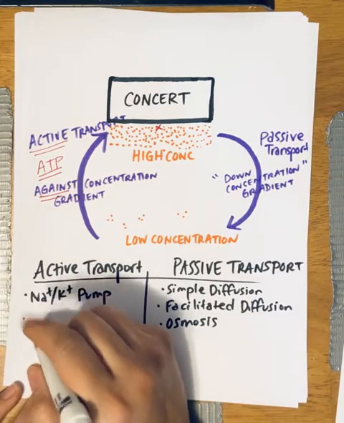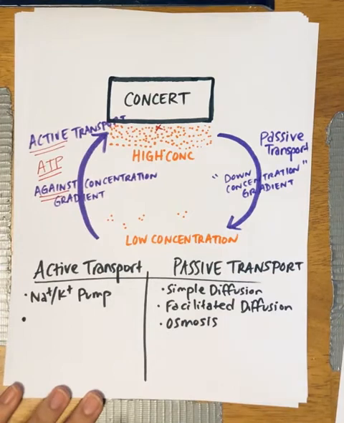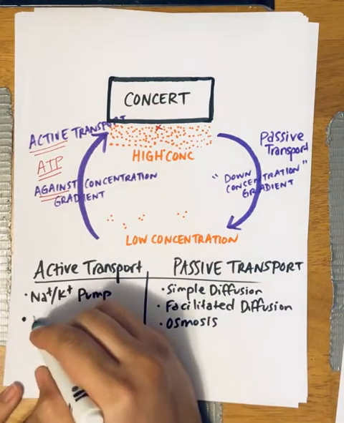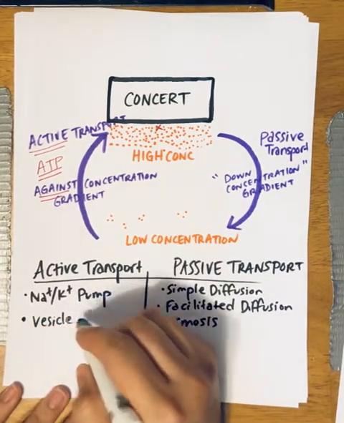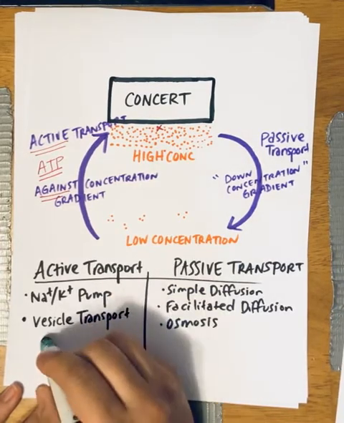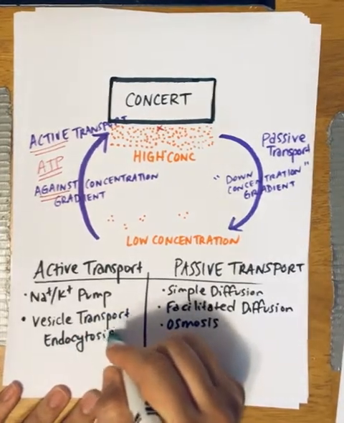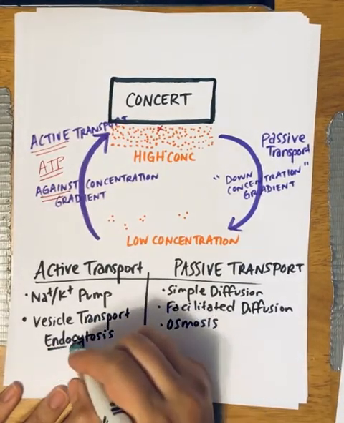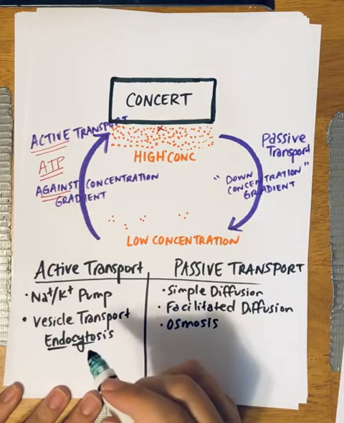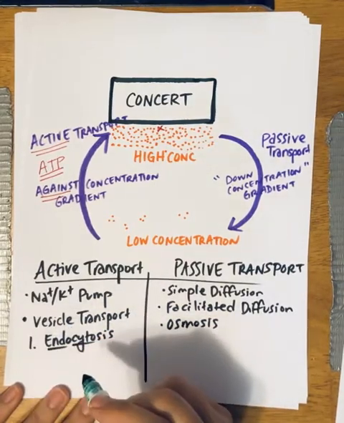Then you have the use of vesicles, which are like little carriers. So if you use vesicles, Vesicle Transport, there's going to be two. There's endocytosis. Endo means in to the cell, cyte cell, which is going to have several types as well.